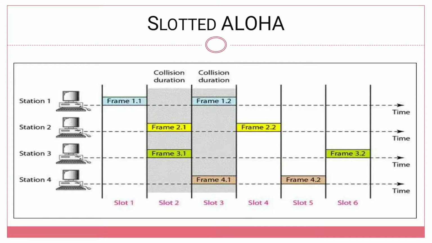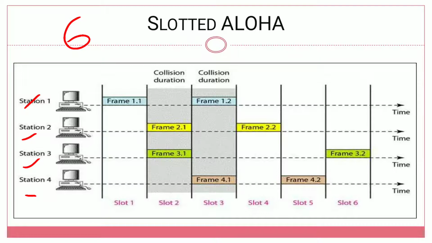Here we have four stations, station 1, 2, 3 and 4. The four stations want to transmit data in a particular time period using the same shared channel. Here, by using slotted Aloha, the time is divided into discrete intervals called slots. The total number of slots is 6.